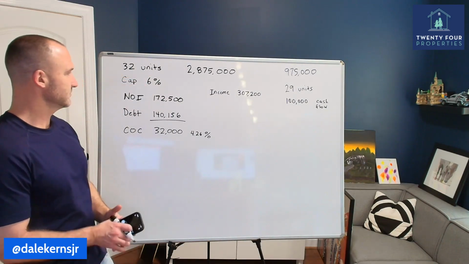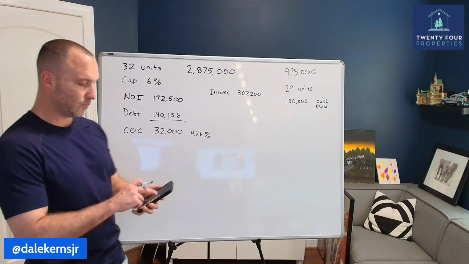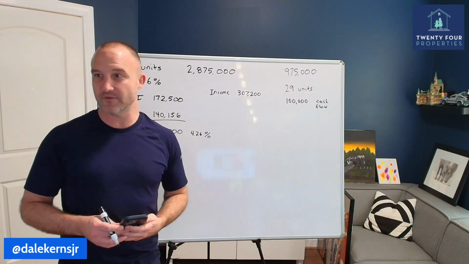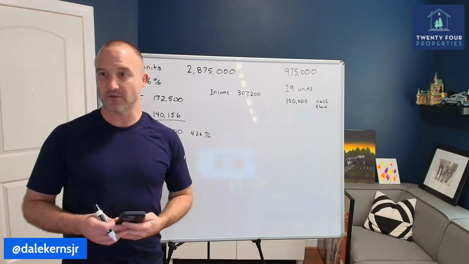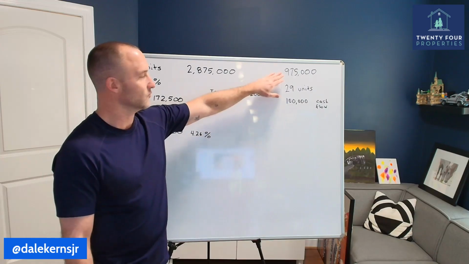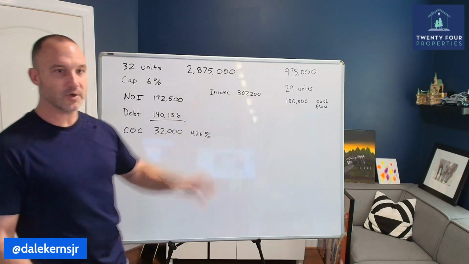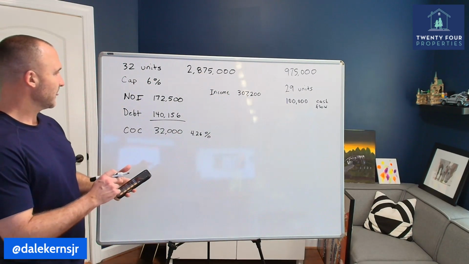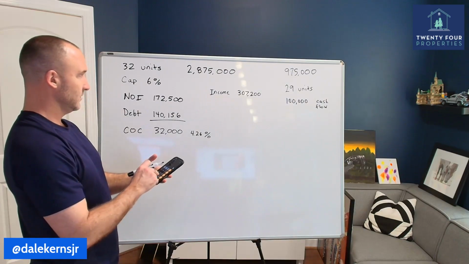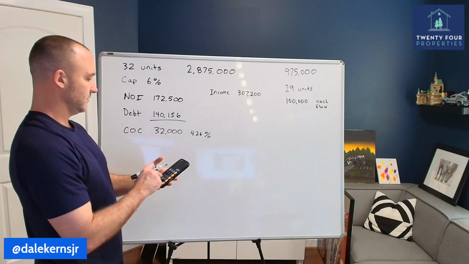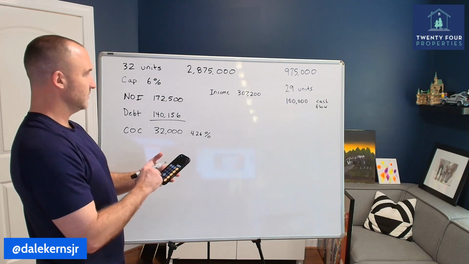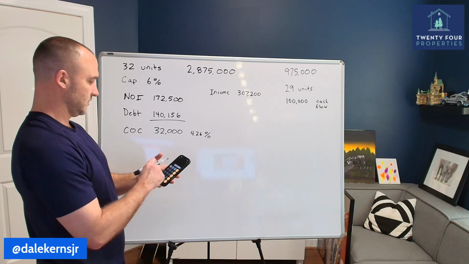renovated each unit. So let's say we can get rents. They say a pro forma rent is say $1,200. So let's say we can get $1,200 of rent by renovating all the units, putting our money down. Okay? So if they're saying this is their income, 307 minus 172.